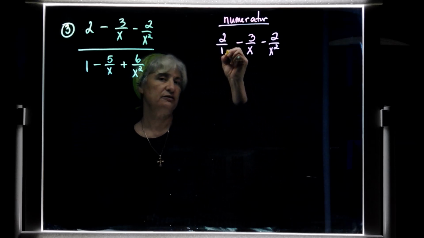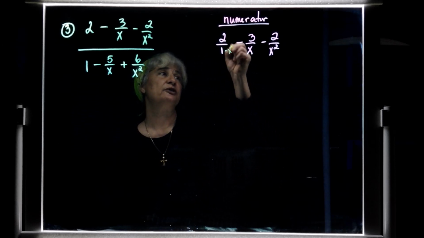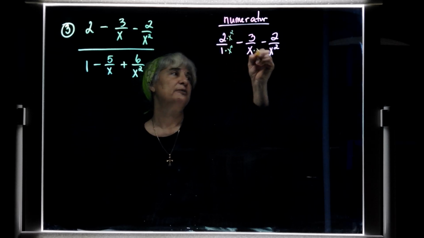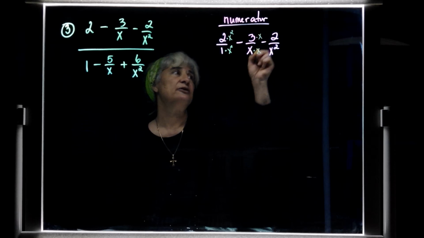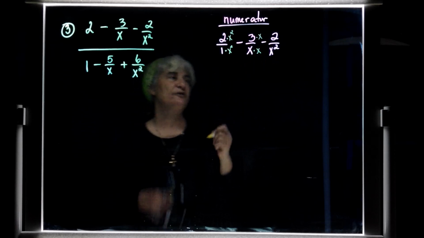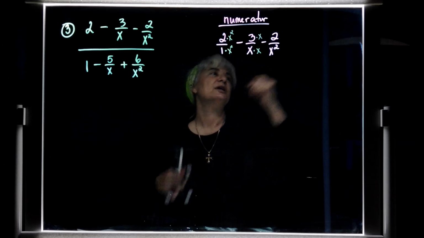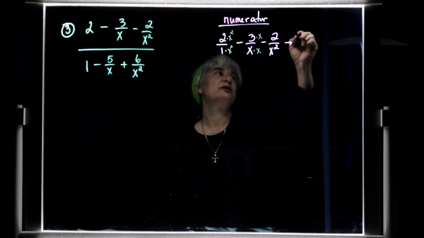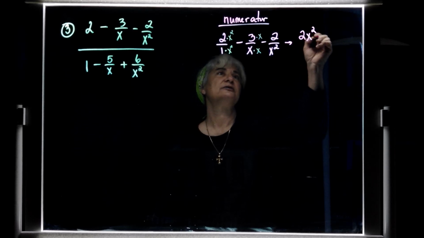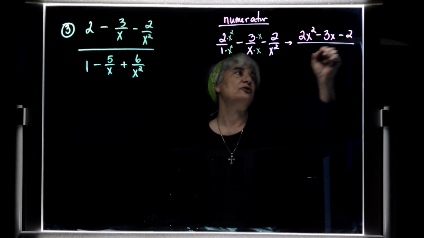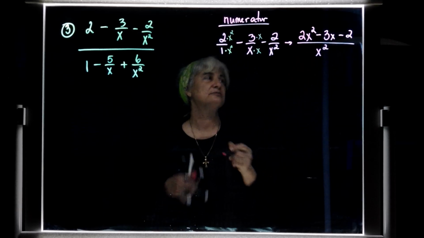So the first fraction, you multiplied by x squared in the numerator and denominator. Fraction 2, multiplied by x, numerator and denominator. Fraction 3, didn't have to do anything. Got it. So let's see. It looks like we end up with 2x squared minus 3x minus 2 all over x squared.